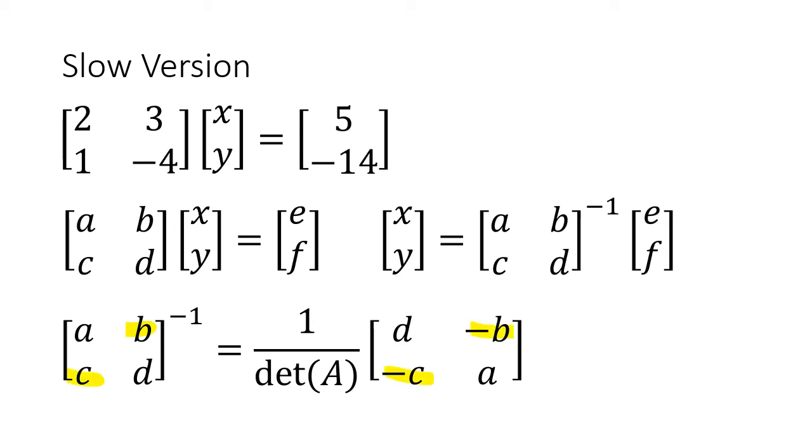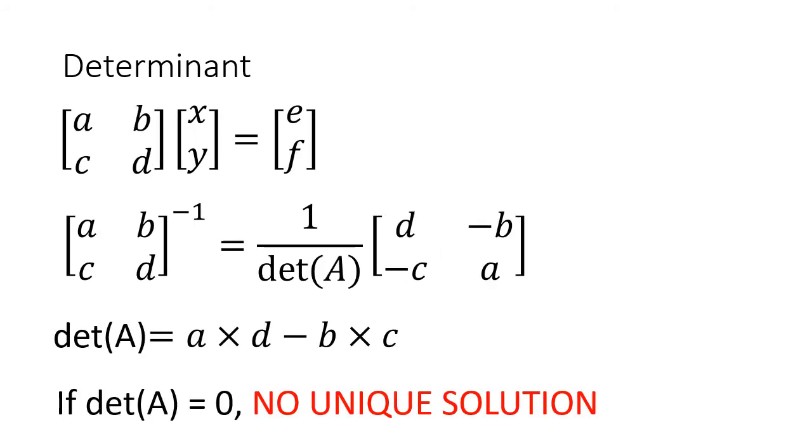But we're still left with this mystery of what is this thing called det A. Now, the determinant, and that's what this det means, is the bit on the bottom of the fraction. It does not include the top part. Just be careful of that.